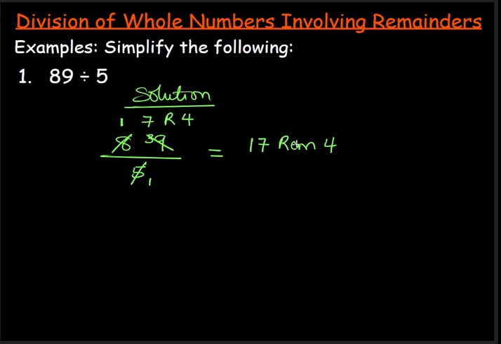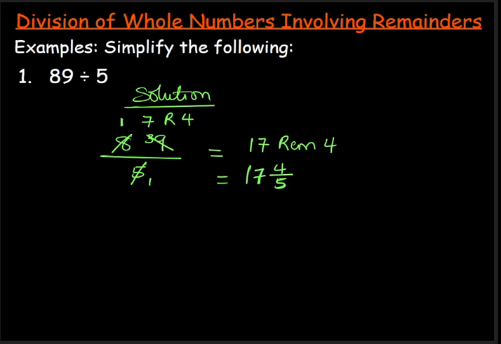But most times we don't really write our answers like this. The remainders can be changed to fraction. We can change the remainders to fraction, and that will give us 17 whole number, and then the 4 will come up here, 4 all over the divisor, which is 5.